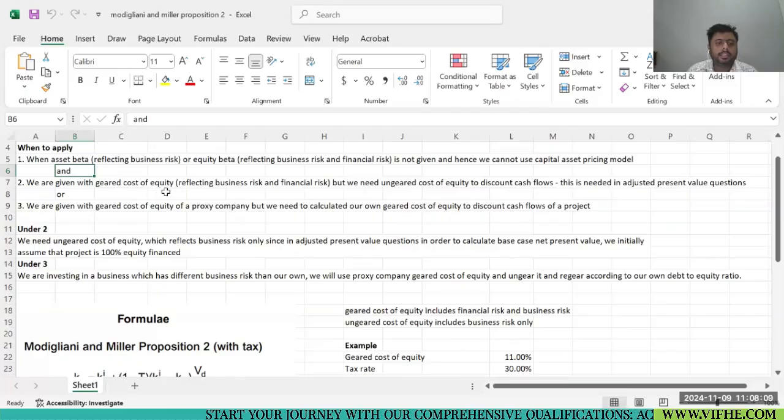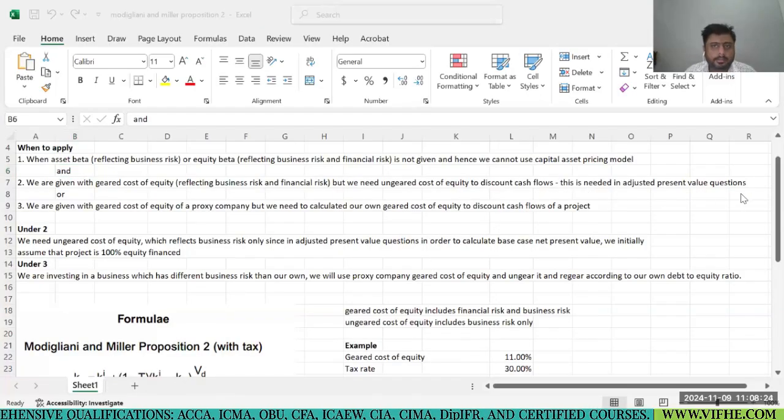We are given geared cost of equity reflecting business risk and financial risk, but we need ungeared cost of equity to discount the cash flows. This is needed in adjusted present value questions.